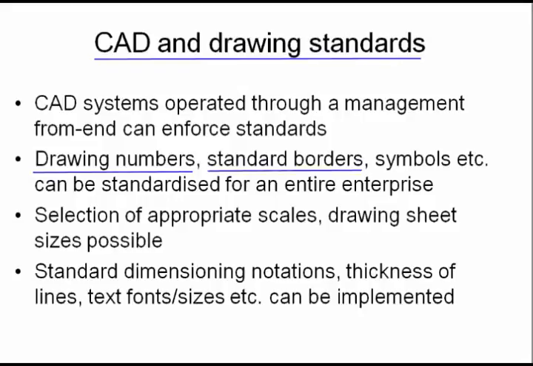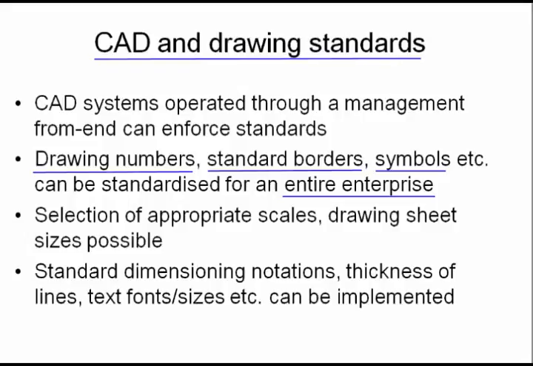The symbols that are used on those drawings, all of these can be standardized for an entire project, for an enterprise. And it's optimized for that particular industry. For example, the power generation industry have their own symbols.